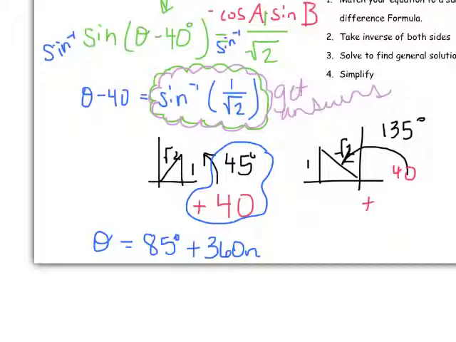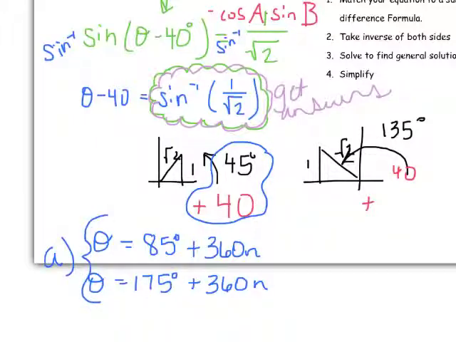And then my second answer is 135 plus 40 makes 175 plus 360. So this is my general solutions. Theta equals 85 plus 360n and 175 plus 360n.